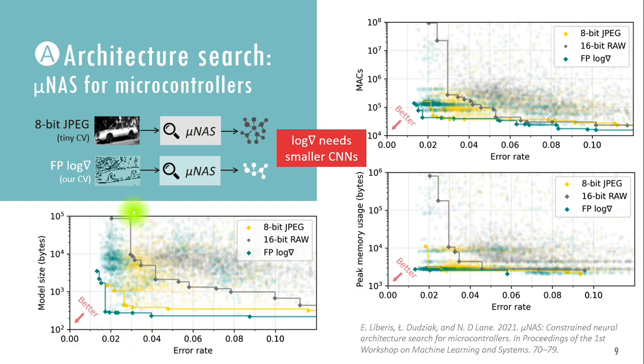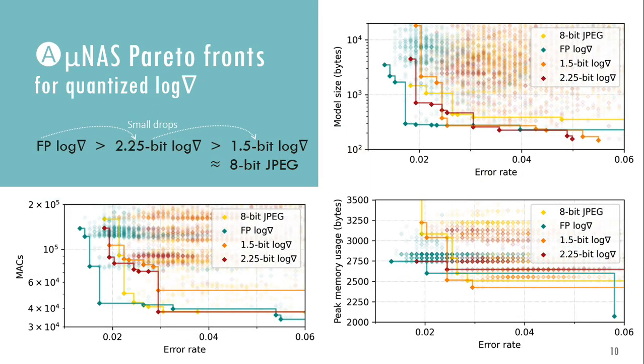For a given accuracy or error rate, the resource consumption can be orders of magnitude lower than the conventional method, either JPEG or 16-bit RAW. Another point I want to talk about is between the RAW and JPEG, because we can see the JPEGs actually have some advantages, which is consistent with some other works in the TinyML community.